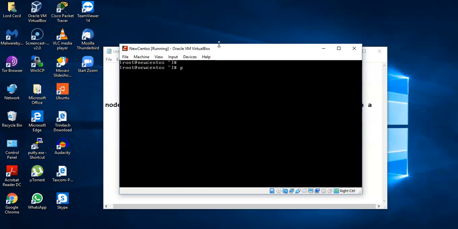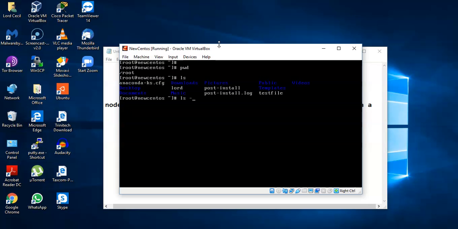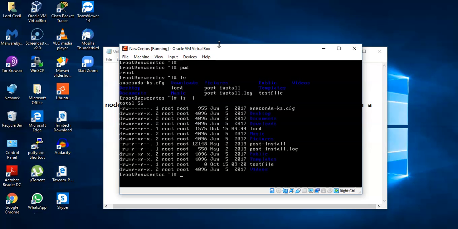So where am I right now? I'm on root. Let's do a little inventory to see what we have right here. In the root directory, I see a couple of files and directories, but I don't know which one is a file and which is a directory. So I'm going to do ls -l, a long list, to give me more information.